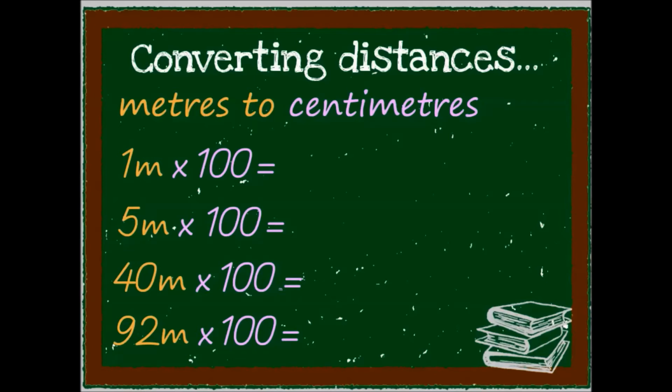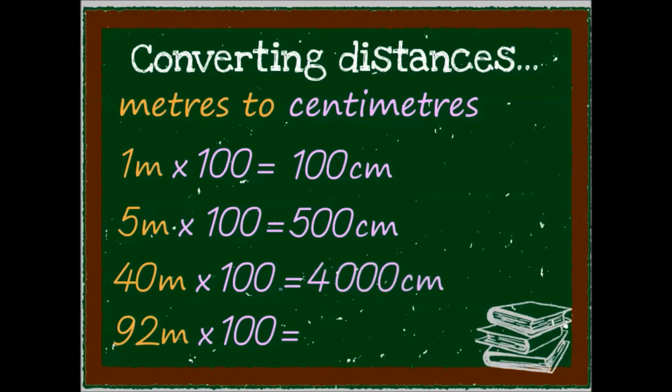So 1 meter times 100 gives me 100 centimeters. 5 meters is the same as 500 centimeters. 40 meters is the same as 4,000 centimeters. And 92 meters is the same as 9,200 centimeters.